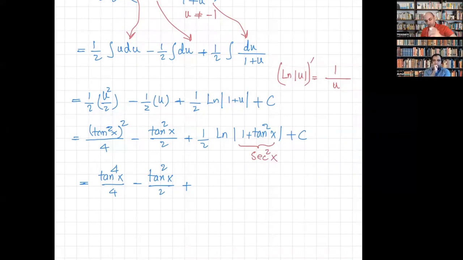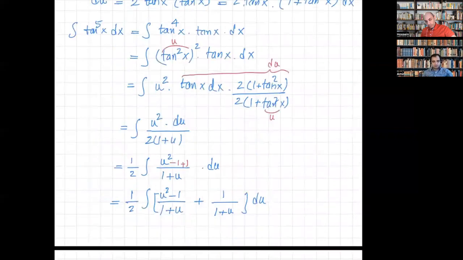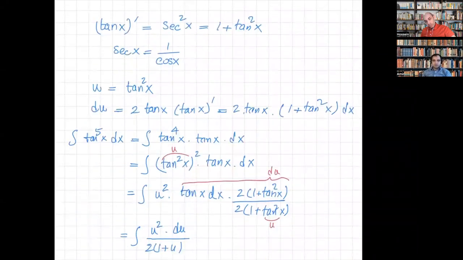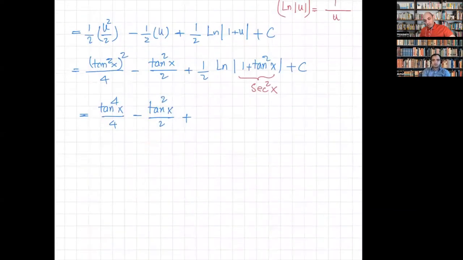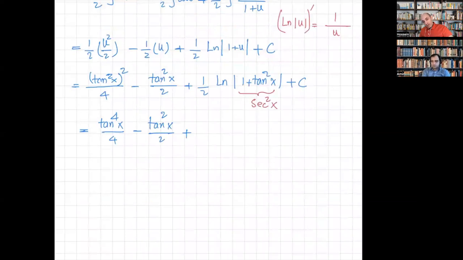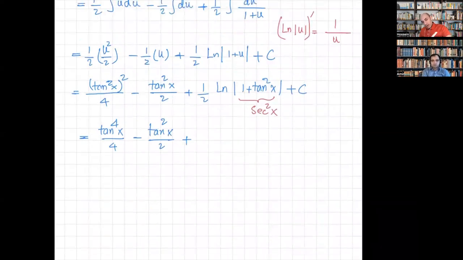Could you please check the top of the problem, is that the squared? Yes, because secant is 1 over cosine. Thank you. And then here I have 1/2 ln of the absolute value of secant squared of x plus c.